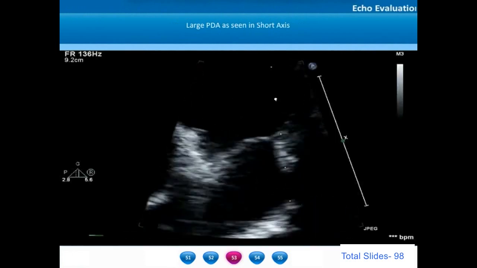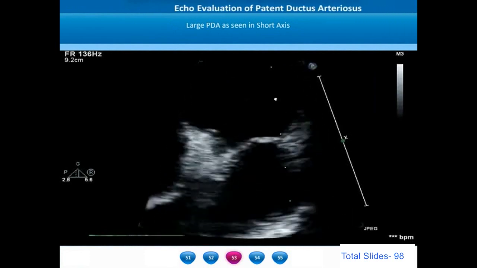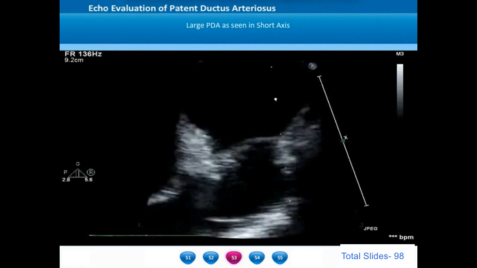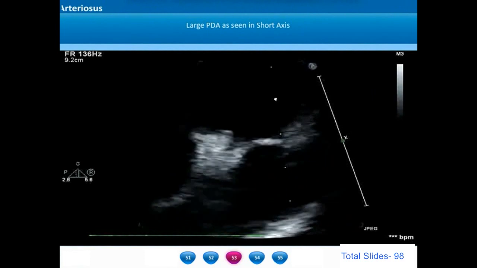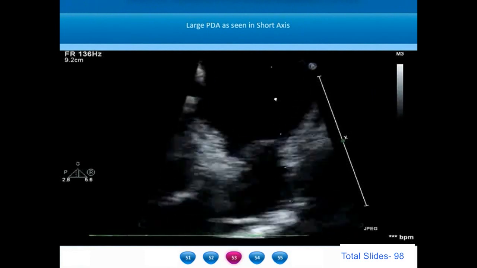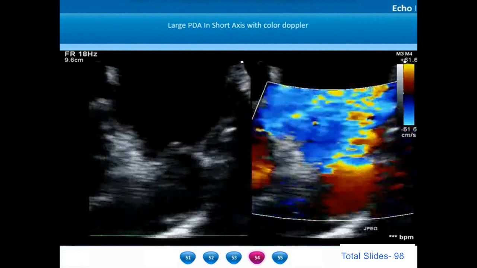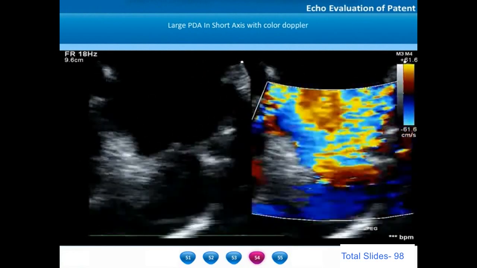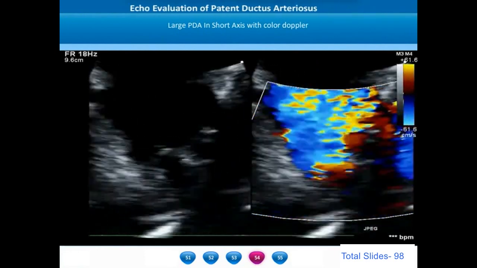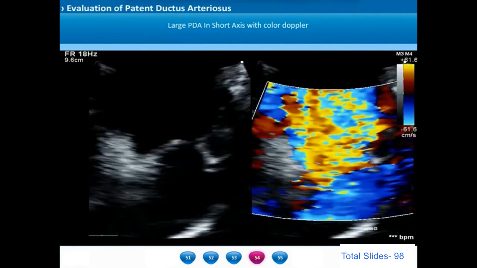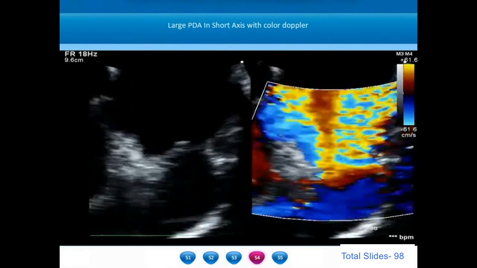On a short axis view, in a magnified picture, we can see the dilated descending thoracic aorta, the ductus arteriosus. The ductus has got a small ampulla and the pulmonary artery bifurcation is shown. On a color compare mode in the short axis, we can identify the abundant flow from the descending thoracic aorta into the pulmonary artery bifurcation through this large ductus arteriosus.